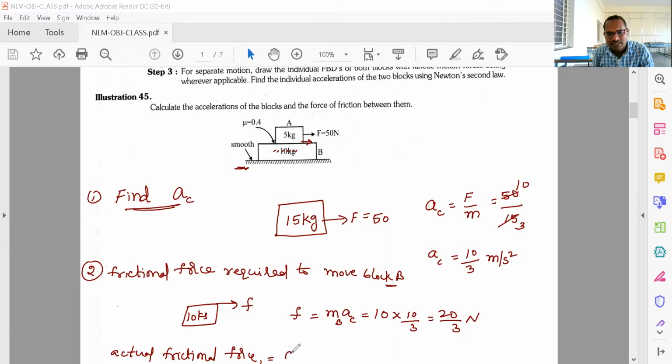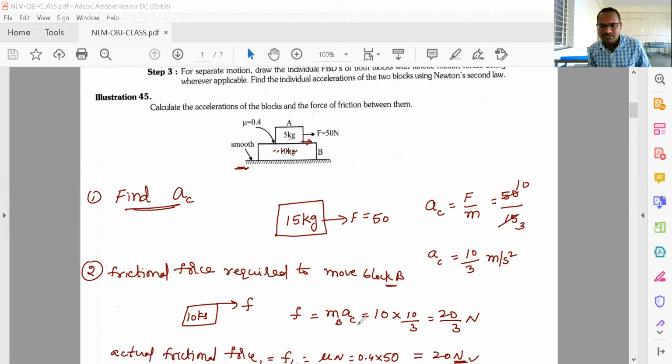How much is there in a limiting frictional force? That is mu into normal reaction. Mu value is given to be 0.4. Normal reaction is due to the 5 kg block, so 50. mg, correct? So 0.4 times 50 is 20 newtons. So the actual frictional force is 20 newton.